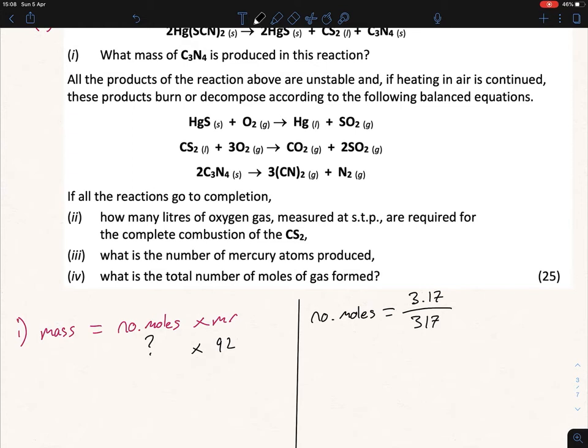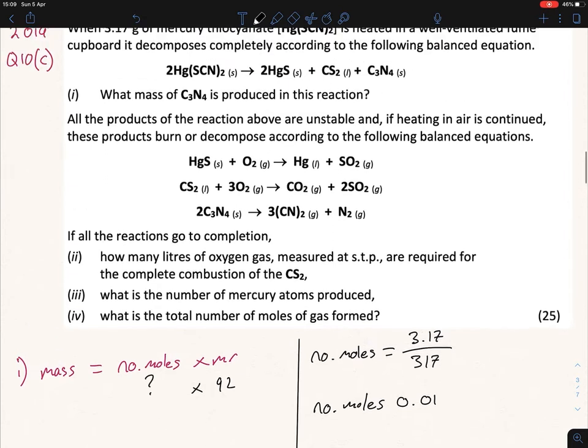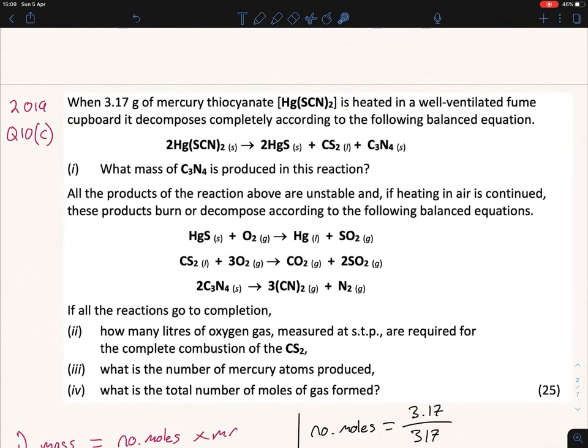So the number of moles will equal 0.01, and that's your mercury thiocyanate. Now, if we look at your ratio, we have 2:1. This is where the big numbers come into play, for the ratios only.